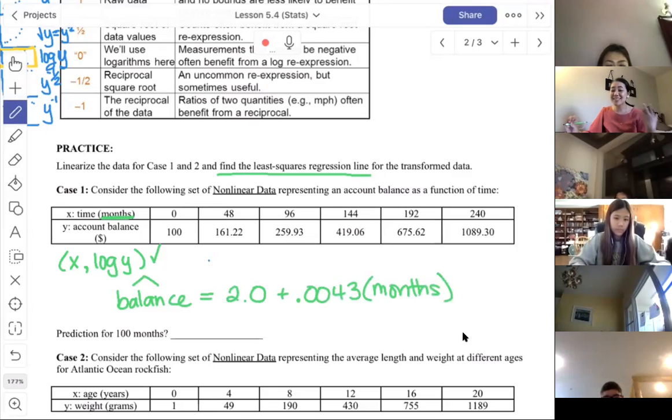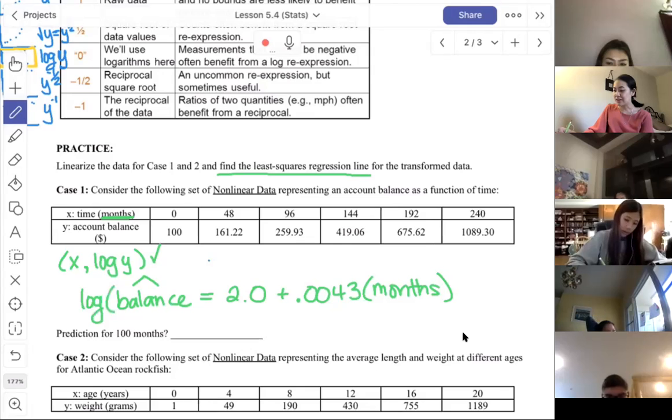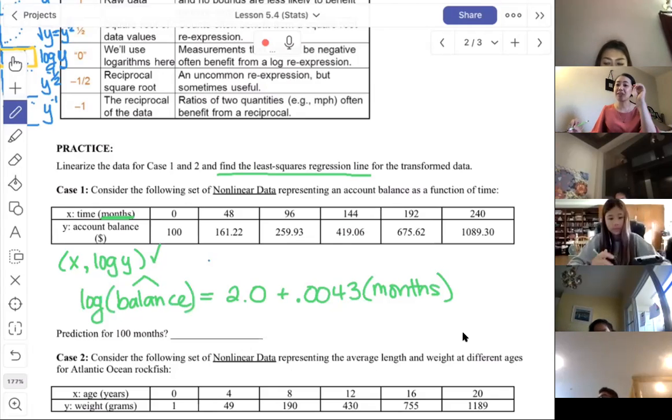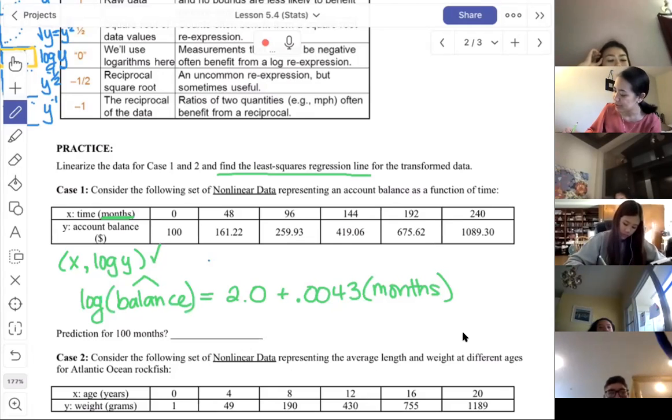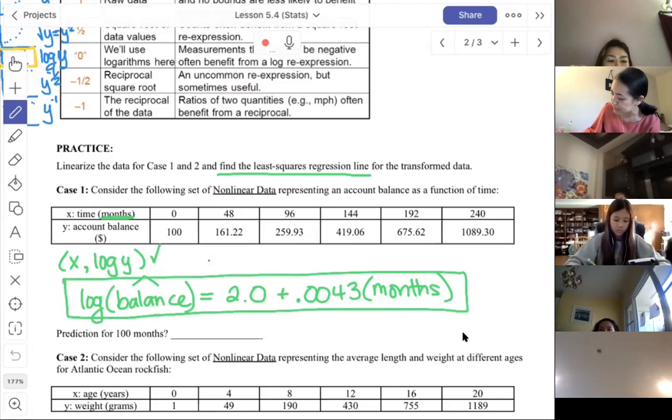Unfortunately, this is not completely done. If I just give this equation, it doesn't tell you how you transform the data. So you want to make sure you show that this is the log of balance. That's your L3. It's the log of all your balances, of all your y variables. So this is your equation.